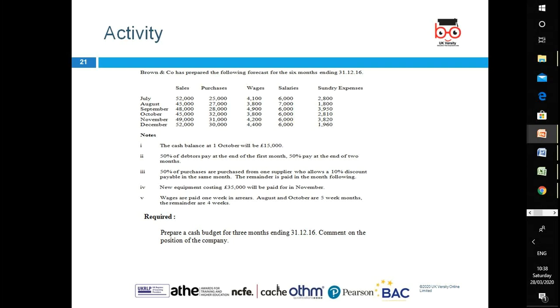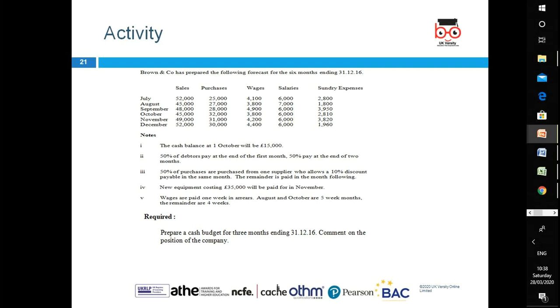So wages, we've been given the criteria for the wages. It's the last one. Wages will be paid one week in arrears. So if we have 4 weeks in July, we divide by 4 and multiply by 3.